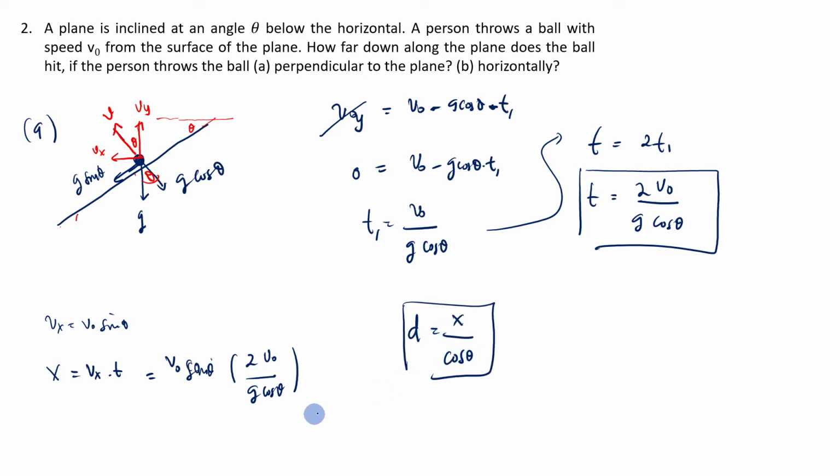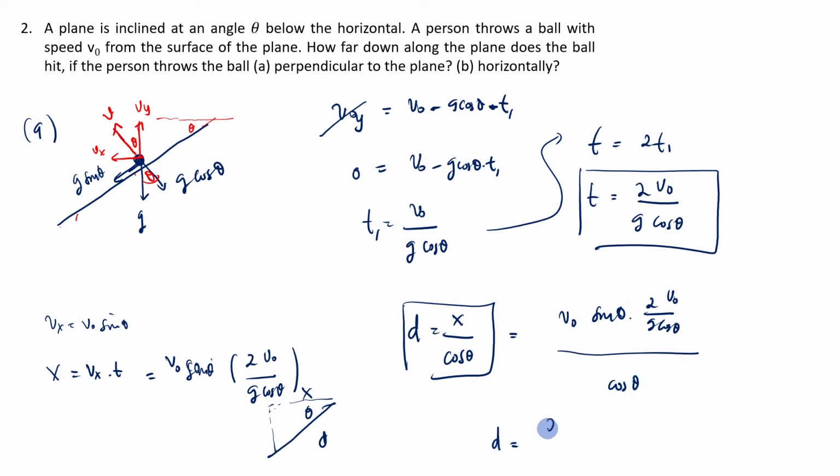This equation is from this illustration with theta, so x like this, x divided by cos theta. Substituting x, the distance d equals 2 V0 squared sine theta divided by g cos theta squared. We save it. If theta equals 0, then d equals 0, as expected from this term.